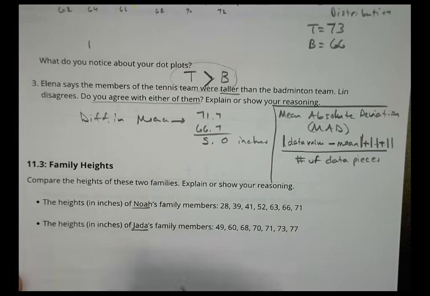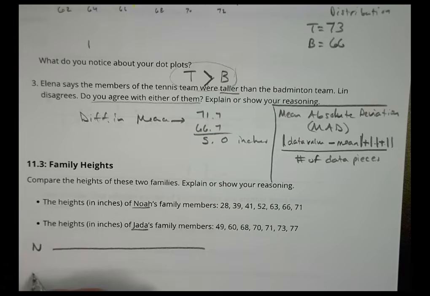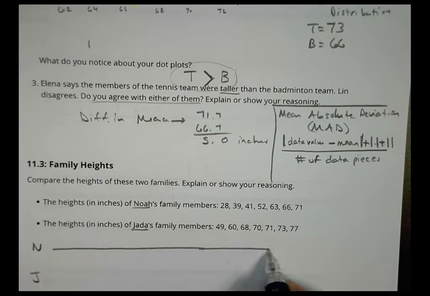Okay, so if we want to take a look at a couple things, we could make a dot plot for this. We do Noah's family, and we plot that out like so, and then we do Jada's family like this.